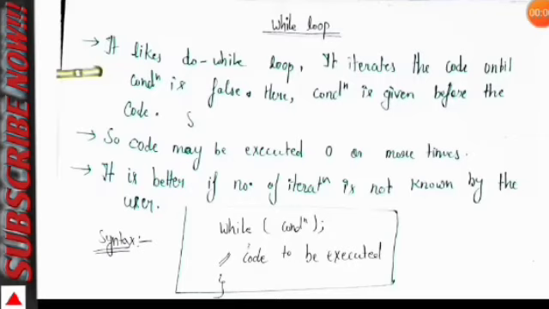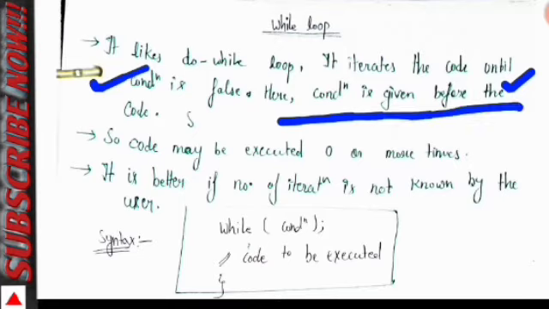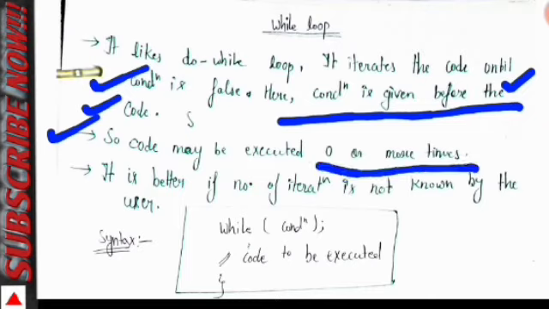Now come to the while loop. It is like the do while loop. It iterates the code until the condition is false. Here the condition is before the code, so the code may be executed 0 or more times. It is better when the iteration count is known by the user.